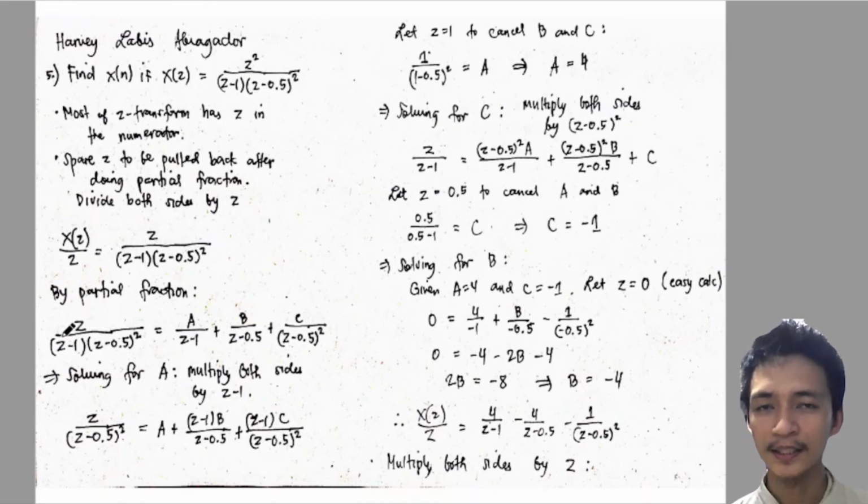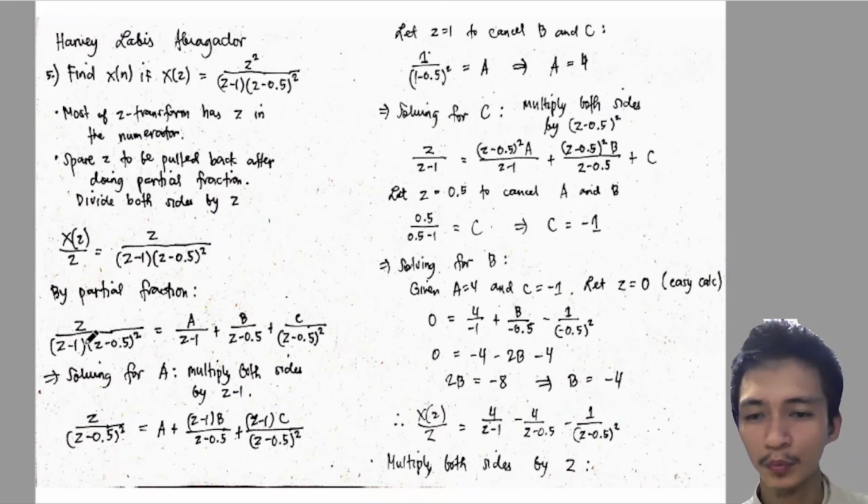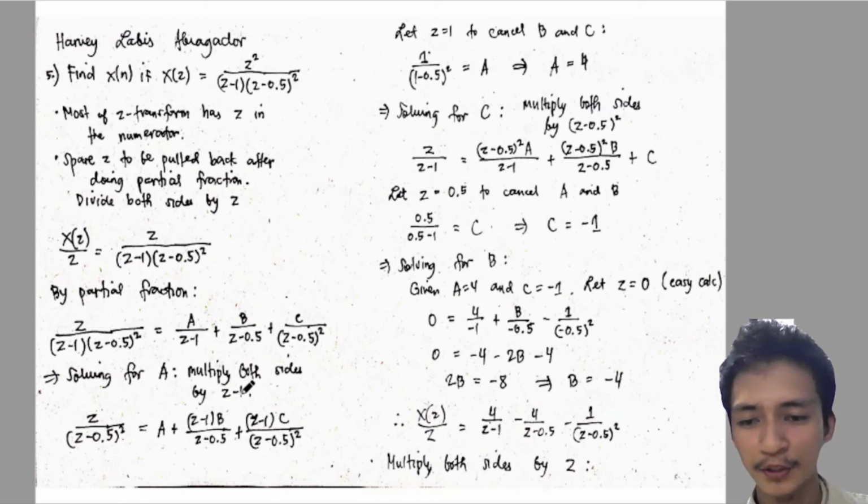We have z over (z minus 1)(z minus 0.5) squared equals A over z minus 1 plus B over z minus 0.5 plus C over (z minus 0.5) squared. Solving for A, multiply both sides by z minus 1.